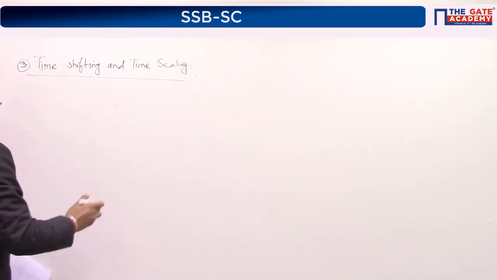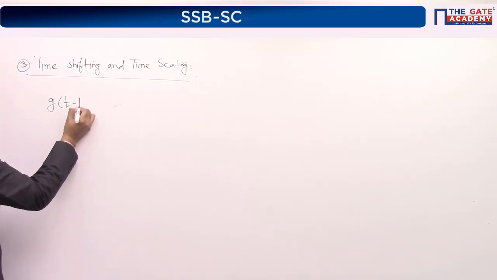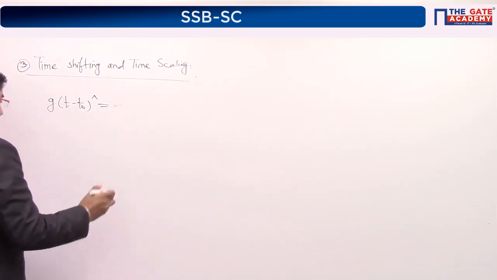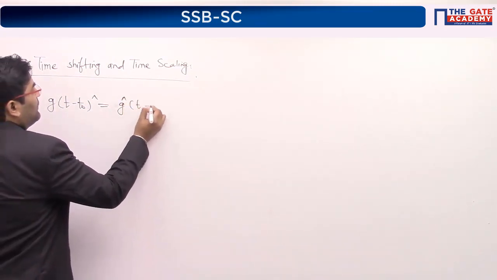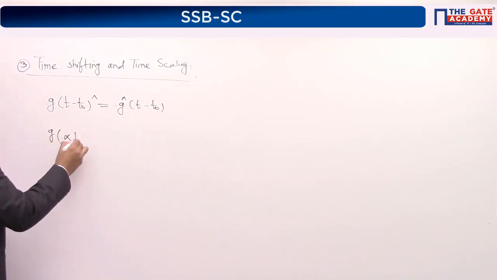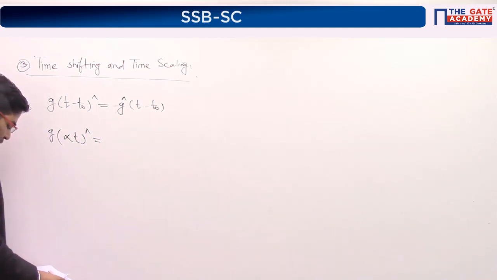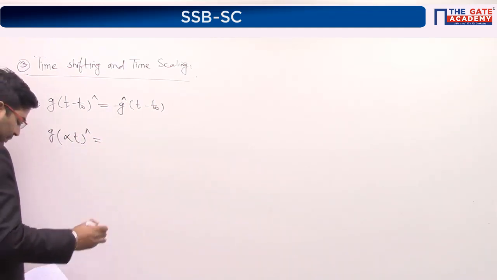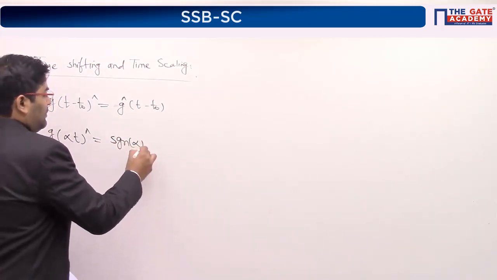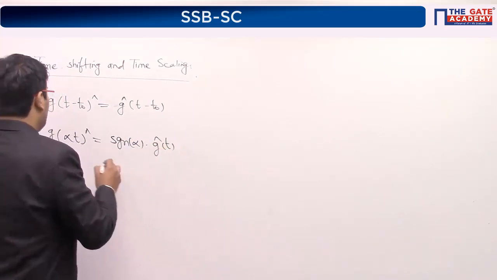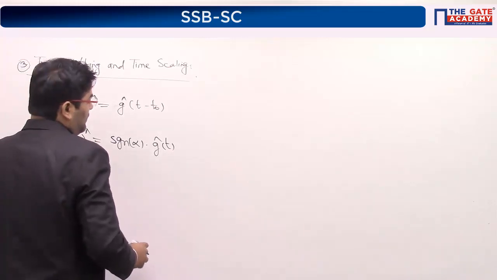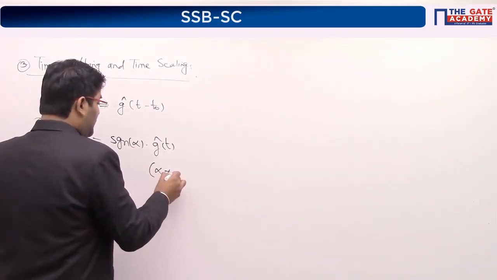So for time shifting, if you take the Hilbert transform of the time shifted signal, you will get the same shift in the output as well. If you want to do scaling, alpha times t, and then you want to do the Hilbert transform, what will happen? It will be signum alpha times g hat(t). This is a little tricky, so please remember it. Signum of alpha times g hat(t), and assume alpha is not equal to 0.